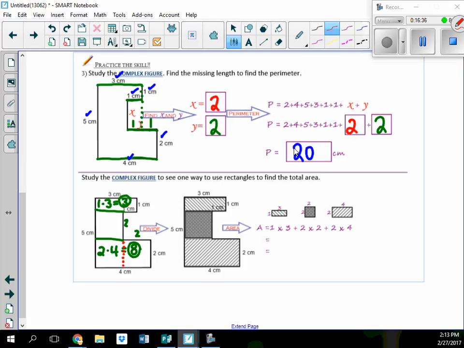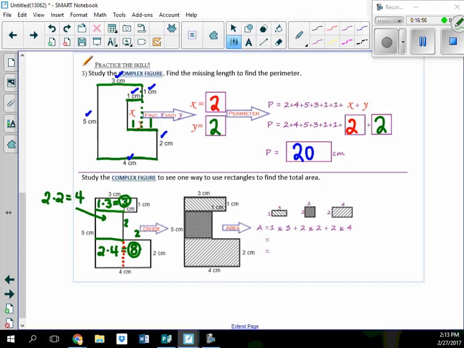So that's what you should be looking for to find your exact measurement. I want you guys to move beyond saying, oh, well, it looks like half, or it looks like the same length as something else, because that's not always going to be the case. You can't always rely on that. So for this part right here, we're going to say 2 times 2, and that is equal to 4.